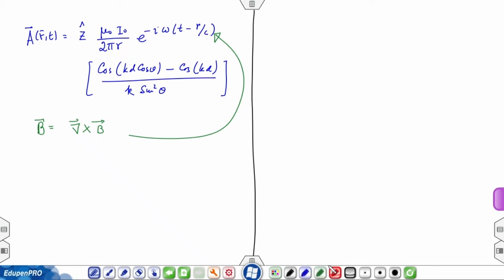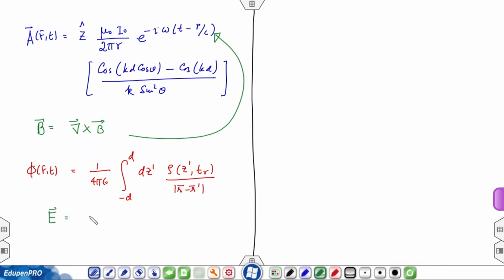In the same manner, I can calculate phi(r,t). Phi(r,t) is going to be equal to 1 over 4 pi epsilon 0 integral from minus d to d dz prime rho(z prime, t retarded) divided by |r minus r prime|. And from this I can calculate E field to be minus dA/dt minus grad of phi. Oh, I should have written A here.